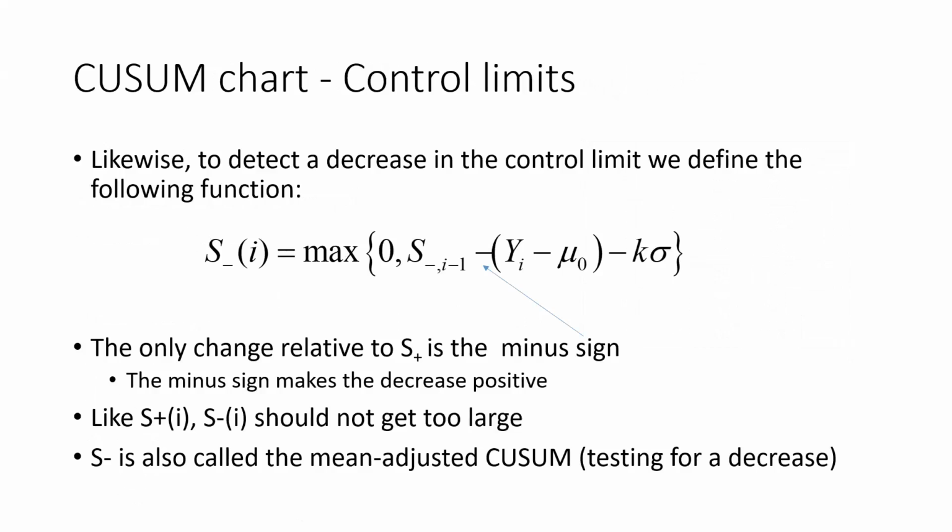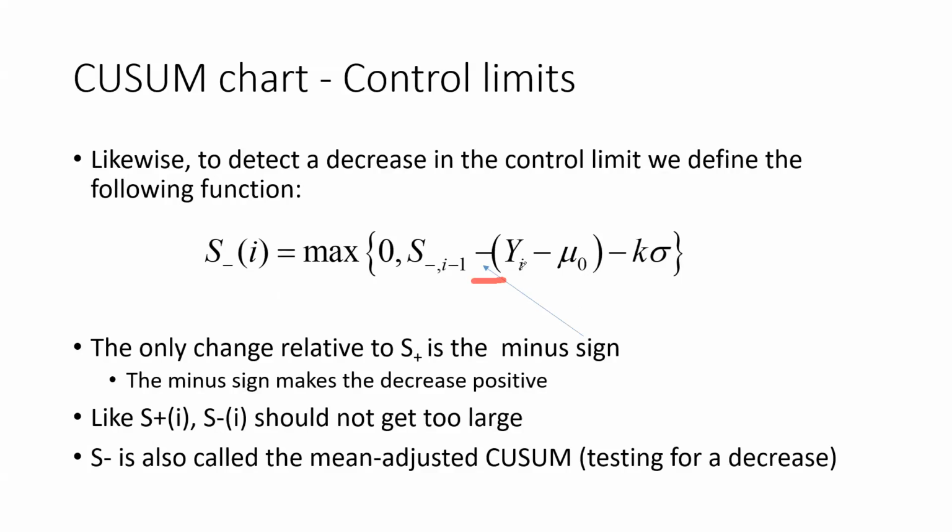We have just tested for an increase. Now we're testing for a decrease. And the decrease function is actually exactly the same except for this minus. So rather than subtracting the slack and looking at negative values, I'm turning it around.